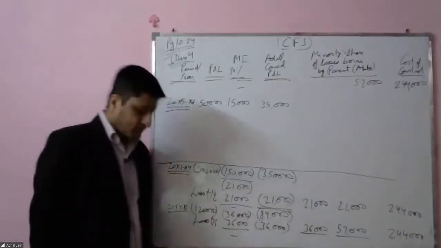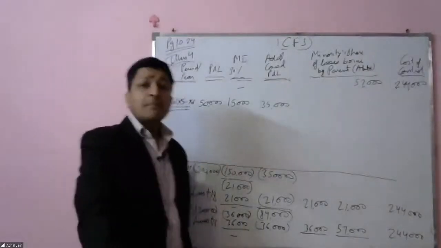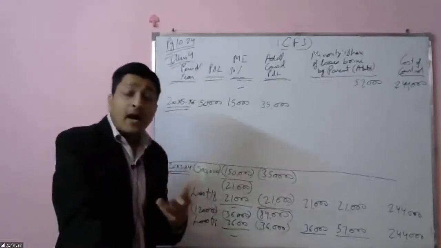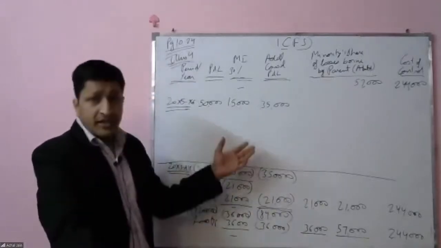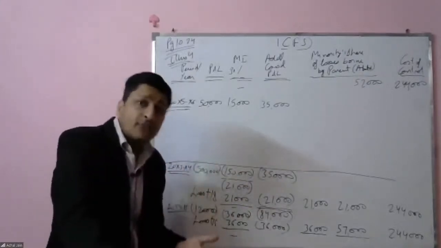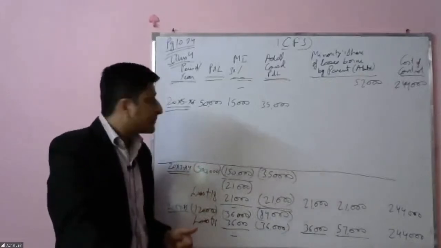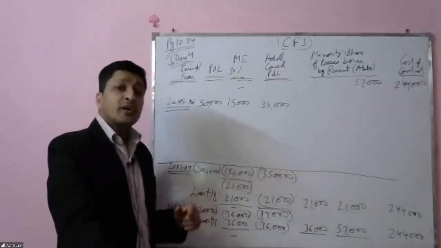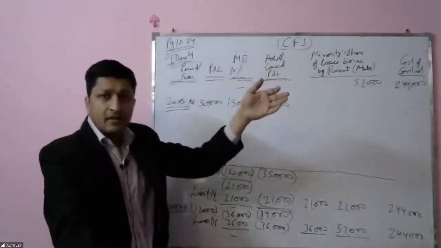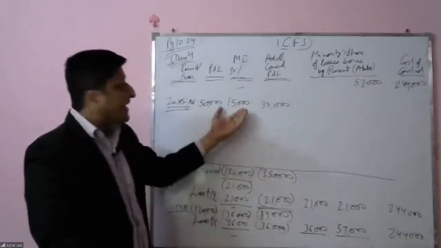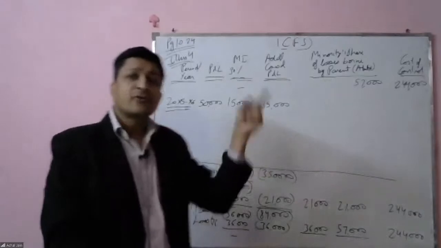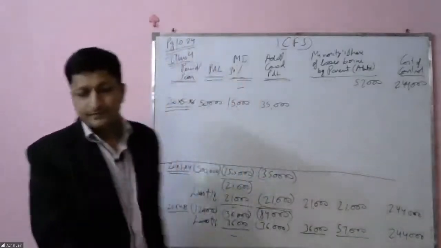Now, because the minority had transferred a part of its losses to the majority, what will happen now? After generating profits, whatever portion minority had transferred to the majority, to the parent, to that extent profits of minority will also be transferred to the parent.